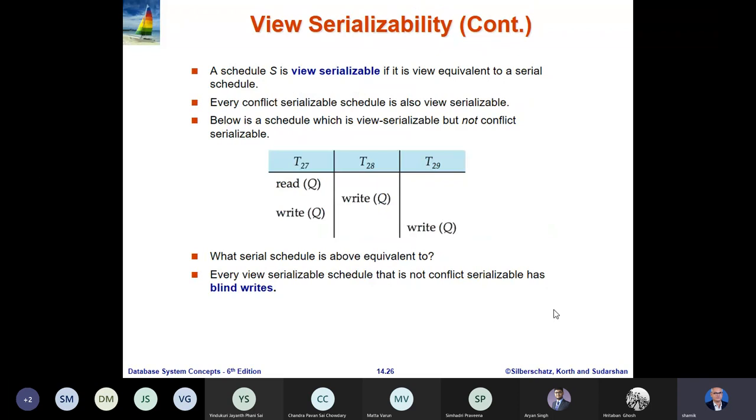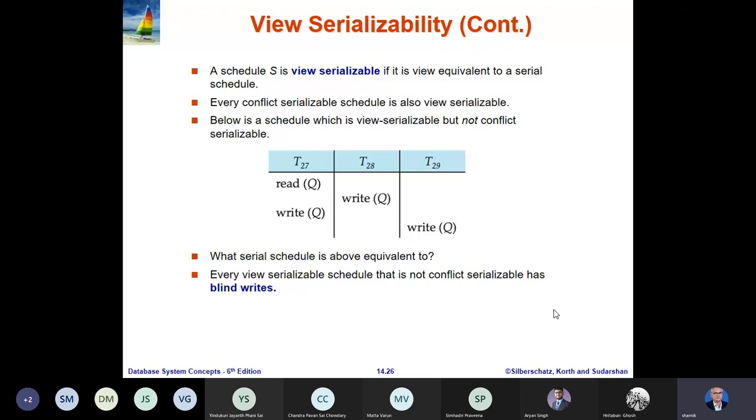So all the properties are satisfied, of which the second one does not exist in this example. But you could have a similar example here. That would mean that this particular schedule, although it is not conflict serializable, is view serializable. And it is very easy to understand that conflict serializable schedules will always be view serializable, but view serializable schedules like this need not be conflict serializable.